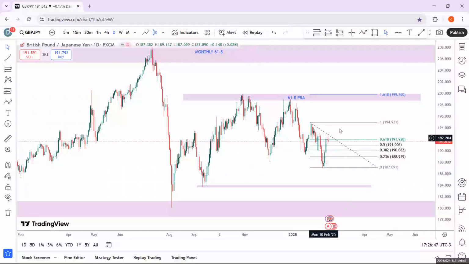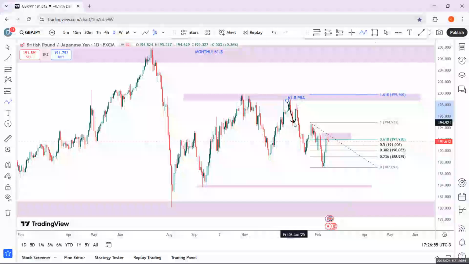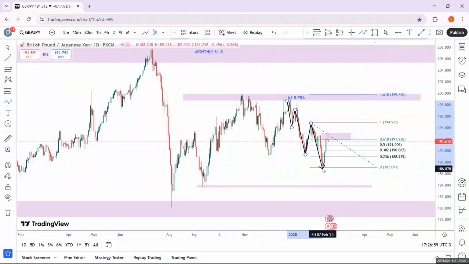We can see that this zone is a 61.8 zone. So let's identify this zone as a 61.8 zone. Okay, so it could just be a situation of push, exhaustion, push, exhaustion, push, 61.8 to complete this exhaustion. Okay, to complete the retracement of this push, for sell entry 1, sell entry 2, sell entry 3.